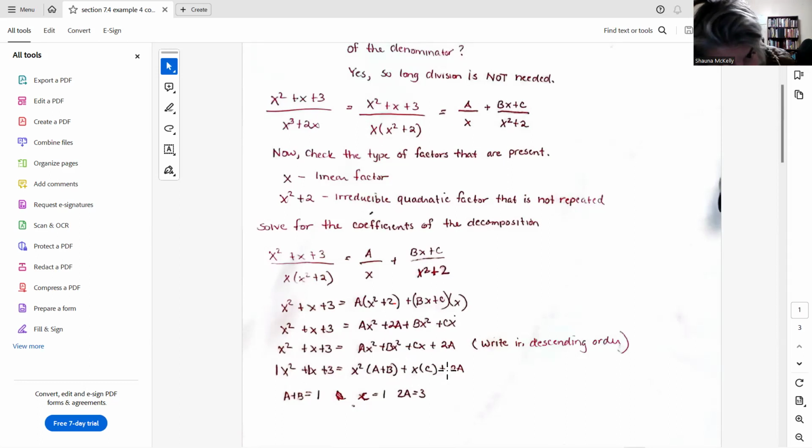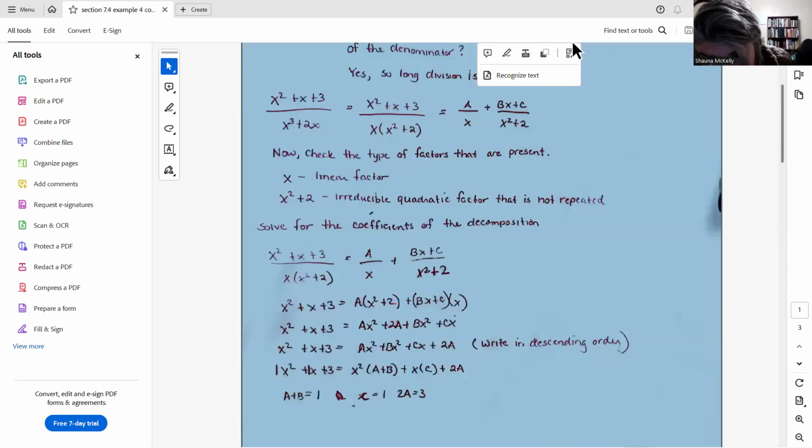Now, if you look closely here, you have a situation where you've got x squared here, and you've got x squared here. This coefficient is a 1.